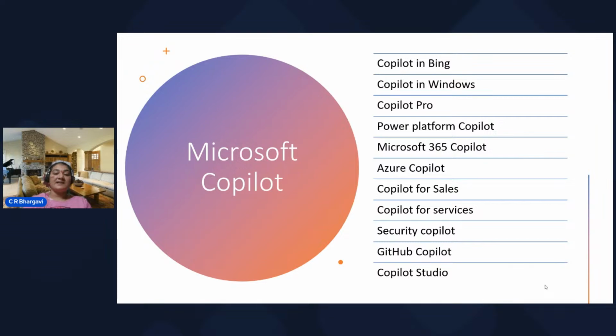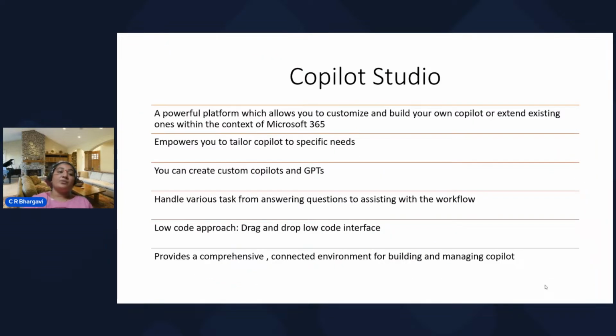Copilot Studio is a powerful platform which allows you to customize and build your own Copilot by extending it with the content of Microsoft 365. It is used to tailor your own Copilot to the specific needs that you want, and with the custom Copilot that you want to build, you can also use the GPT models which are in place, and this is actually backed by Azure OpenAI.